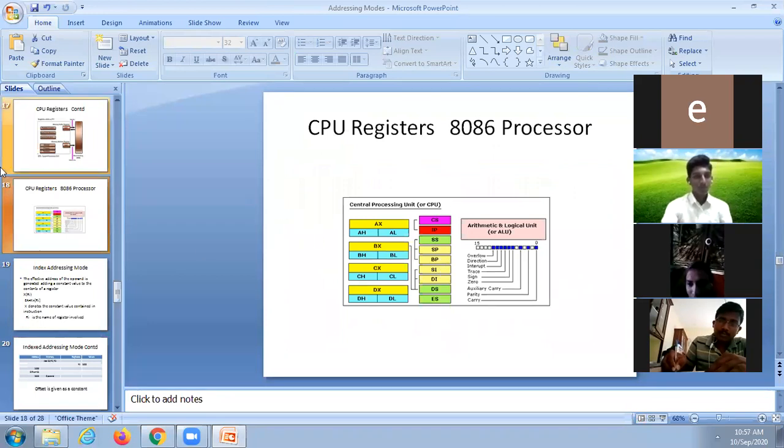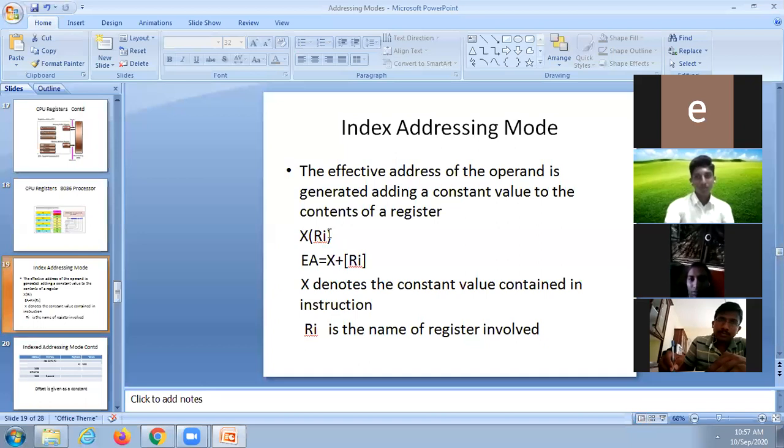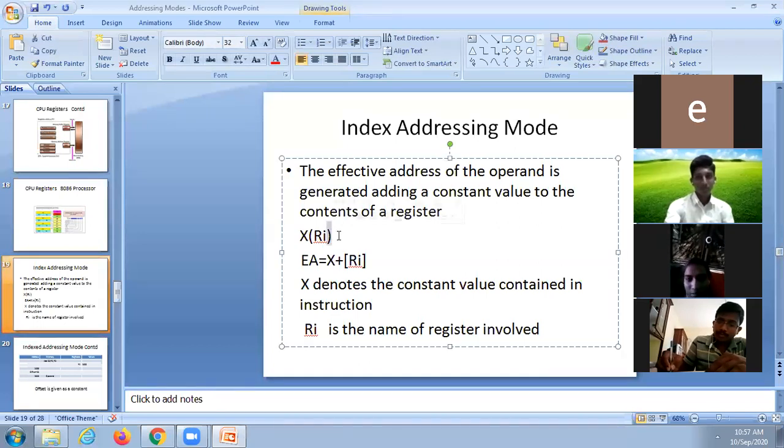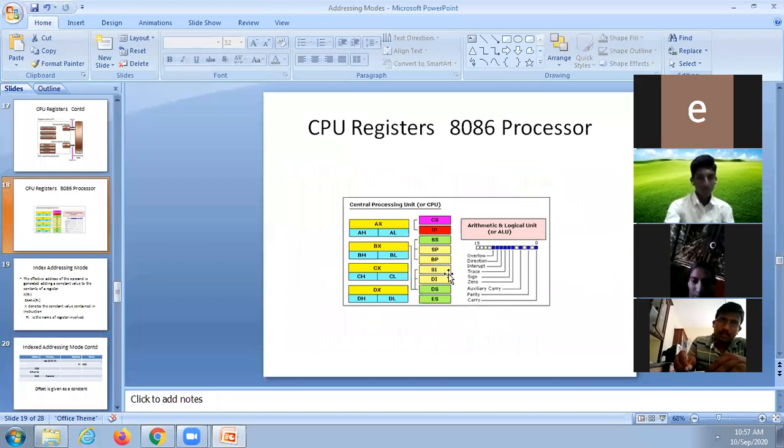You can use any register here; that is called Ri. In general, it may be R1, R2, R3, R4. If you come to a specific processor, it may be SI or DI or BP.